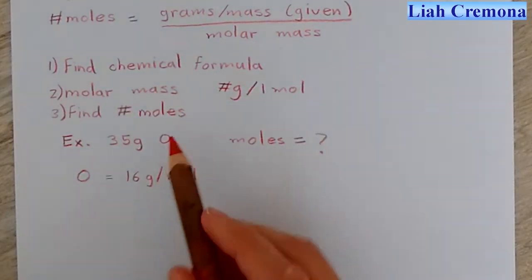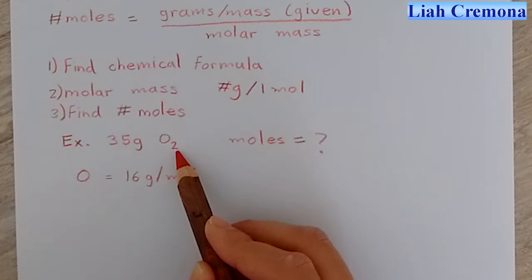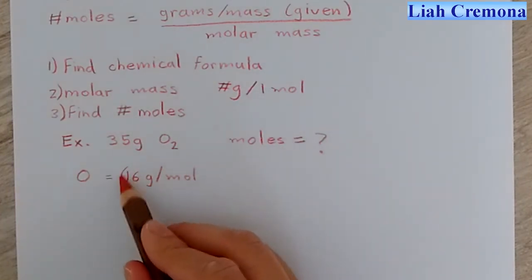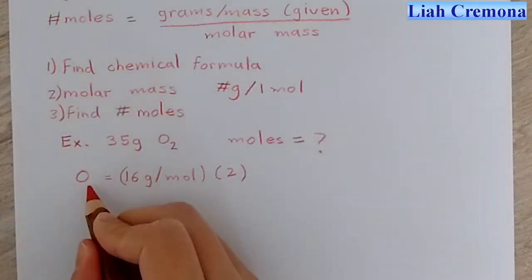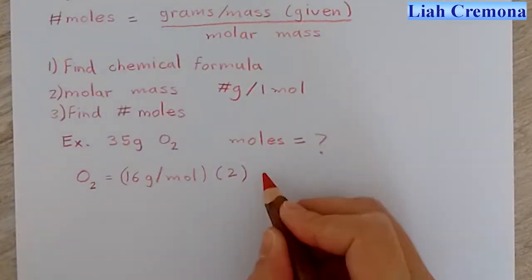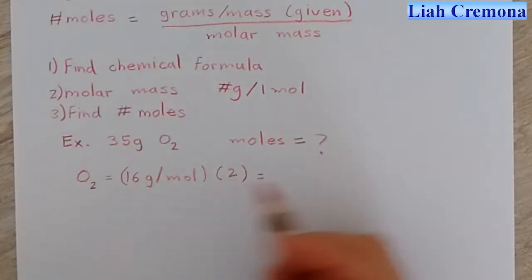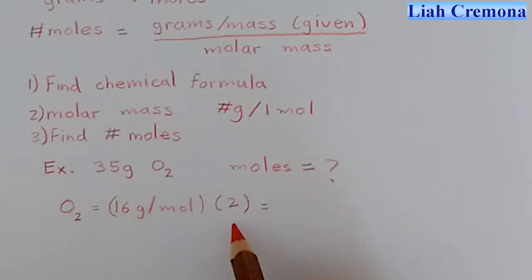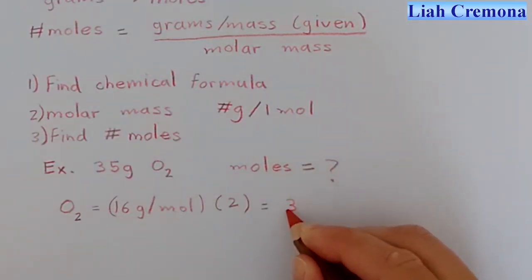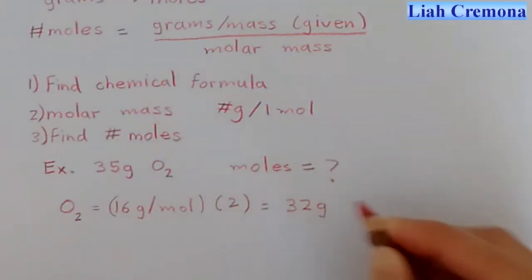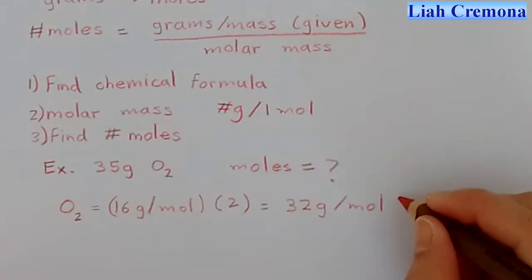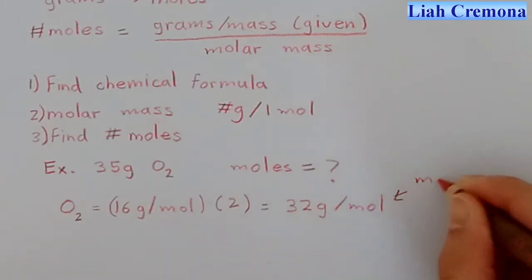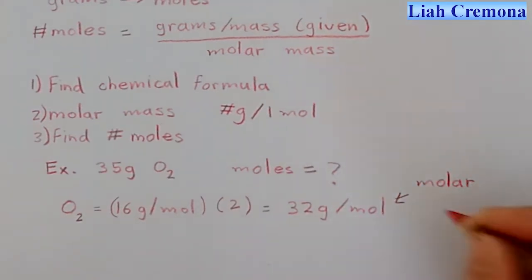However, as we see by the subscript 2, we have 2 atoms of oxygen, which means we need to multiply 16 by 2. And this will give us the molar mass of oxygen gas. 16 times 2 is 32 grams per mole. And this is the molar mass for oxygen gas.